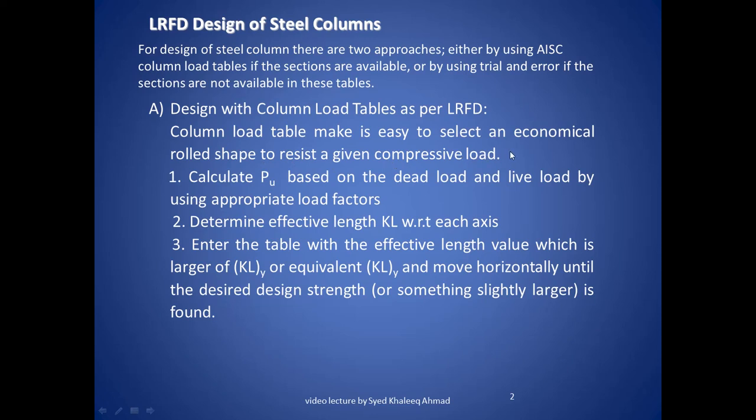The table is prepared for different rolled sections, which are W section, M section, S section, T section, and you can calculate Pu based on the load, and then you can determine effective length depending upon the end conditions.